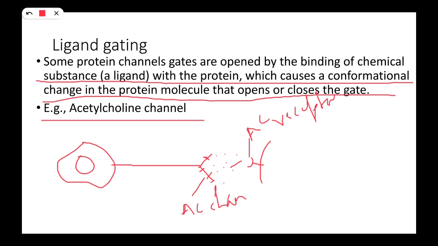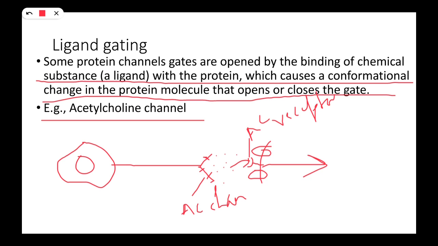When this acetylcholine comes and binds to the acetylcholine receptor of the membrane of the next cell, then the signal will be transmitted further. A gate will be opened, right? So this is ligand gating.